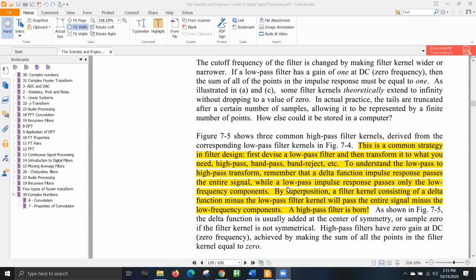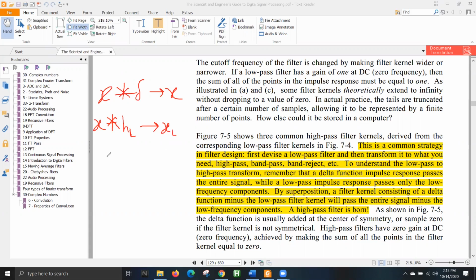To understand this, you need to know that if you perform convolution with a delta function, you get x[n], right? So x[n] convolved with delta gives you x[n]. For the low pass filter, x[n] convolved with h_l[n], where l is for low pass, gives you those parts of x that are low frequency.